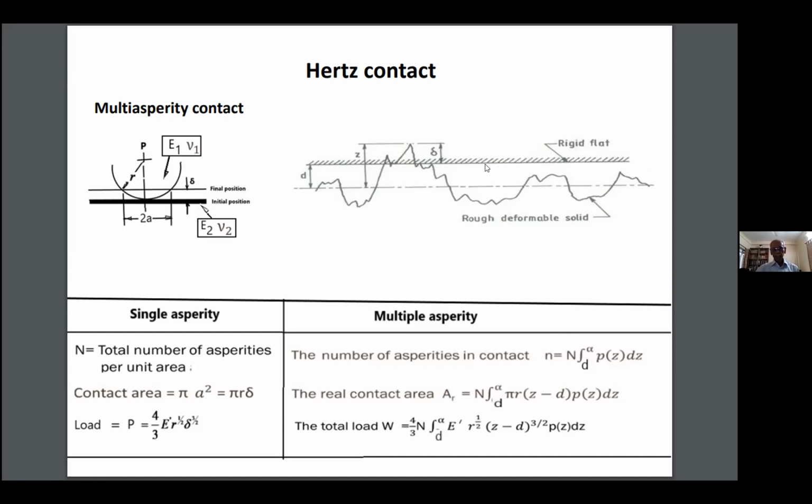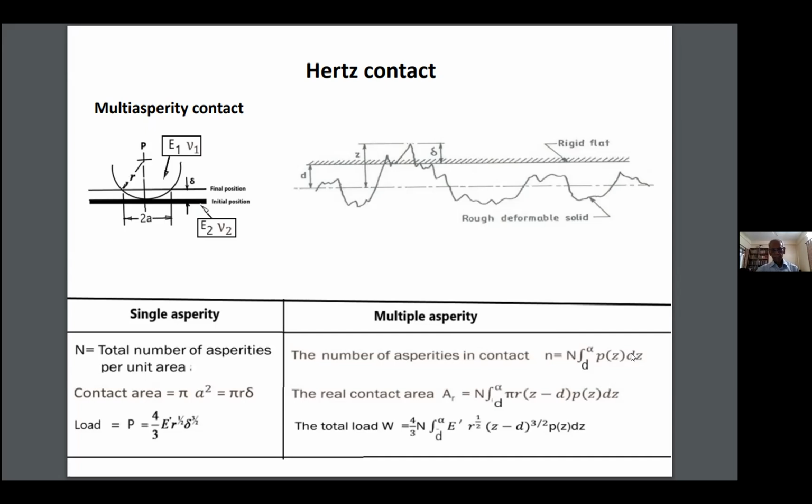So as it comes down at any given point, the total number of asperities that are in contact will be N integral D to infinity Pz dz. Okay, and this is important.